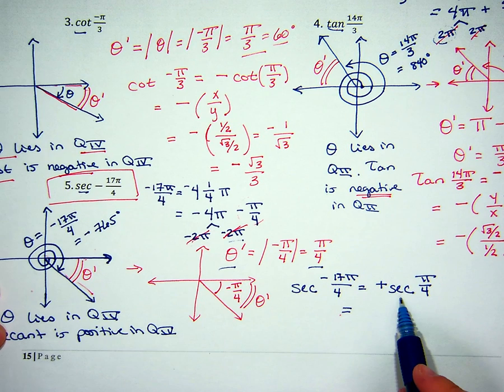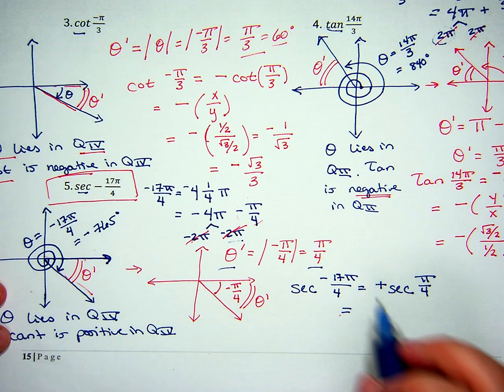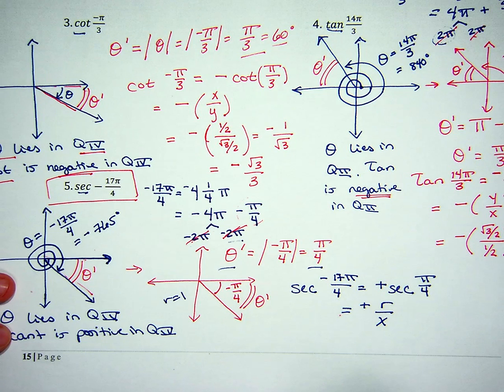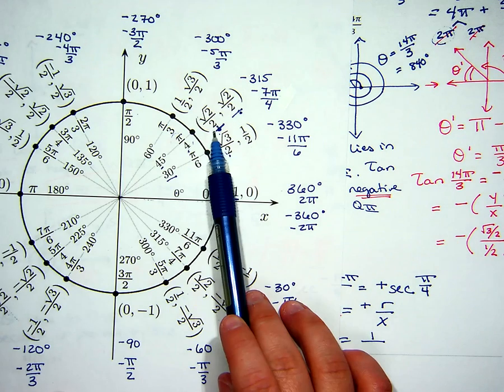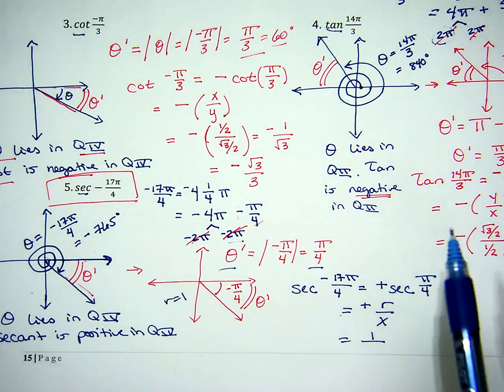Okay, well, secant is the reciprocal of cosine, which means that this will be a positive r over x. Well, let's let r be 1 for the unit circle. So our r is 1, so that's a positive 1 over. At pi over 4, what's the value of x? At pi over 4, the value of x is square root of 2 over 2.